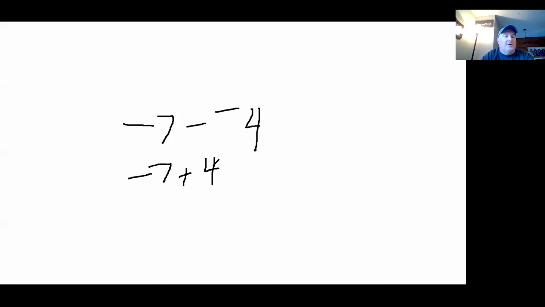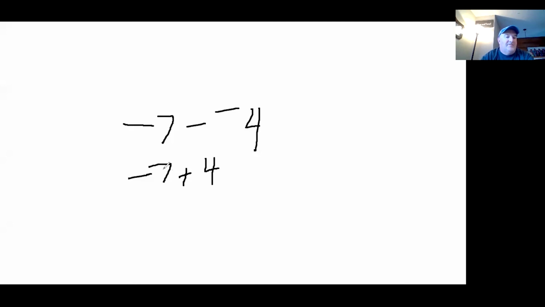Which one's more dominant from 0? Is it negative 7 or 4? Well, in this case, negative 7 is farther from 0 than 4 is from 0. So in this case, we're just going to make this into a subtraction problem.